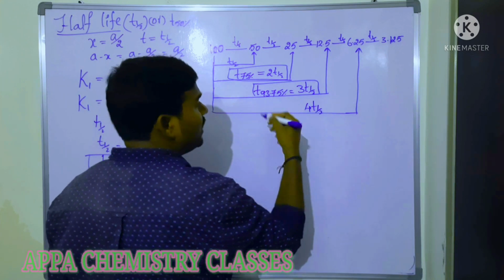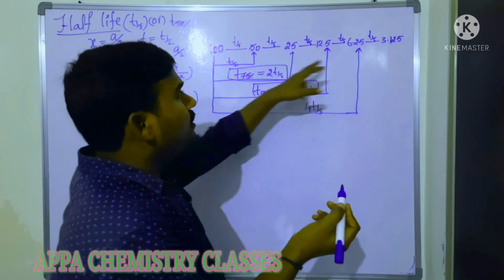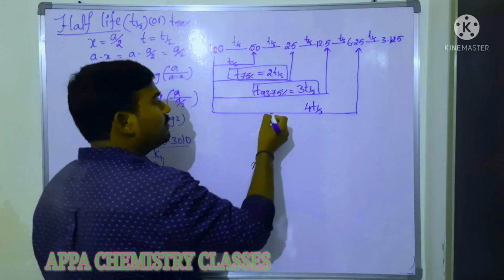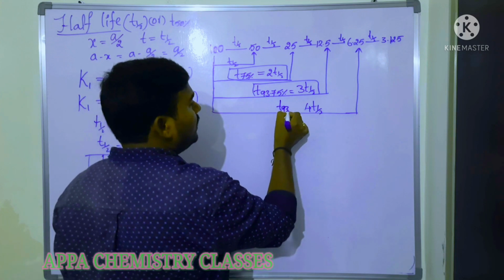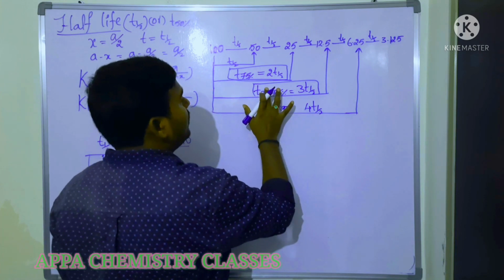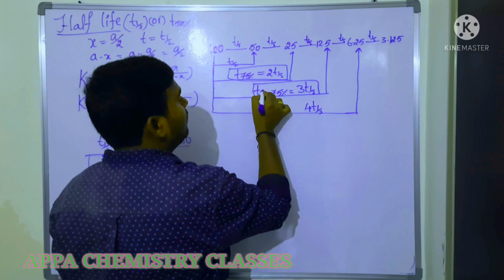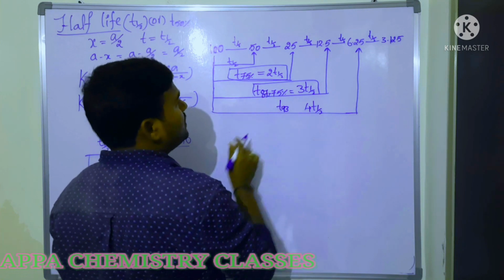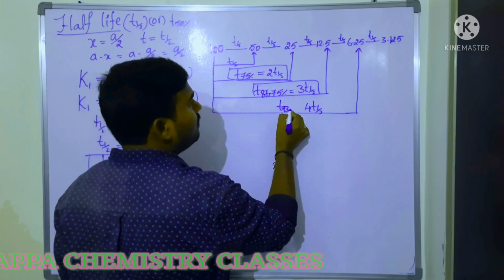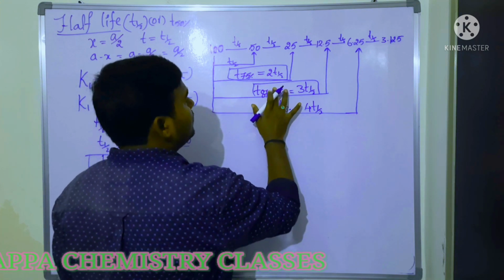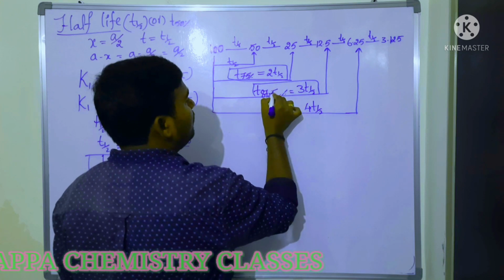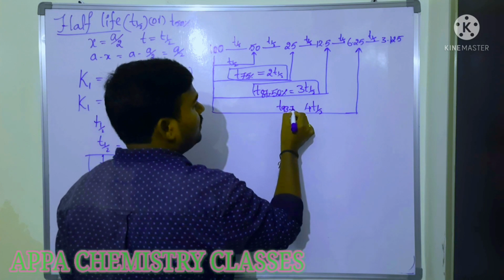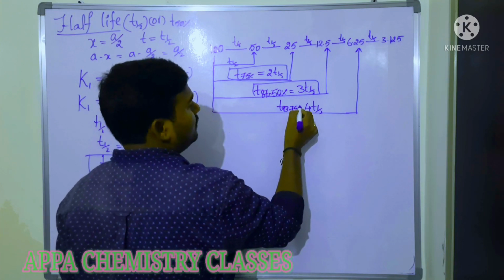How much quantity of reactant is consumed here? 100 minus 6.25 is how much? 93.75%. Sorry, so it is 93.75%.